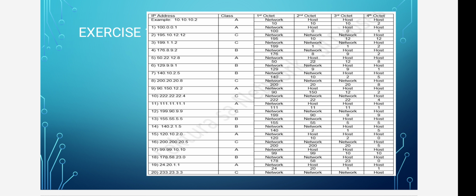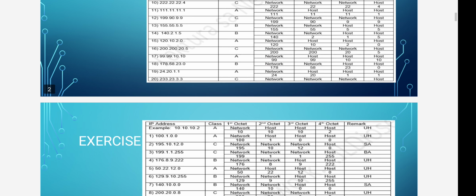So the network part of a class B is the first octet and second octet, and the host part is the third and fourth. As we go on, the network part is 176.8 and the host part is 9.2. You get it now?